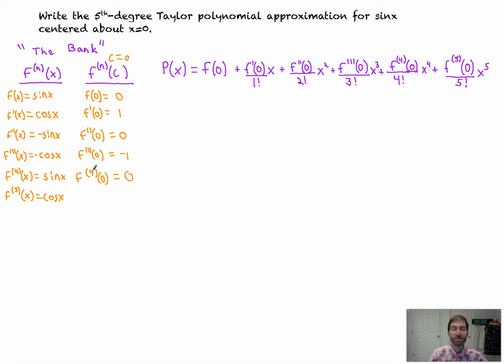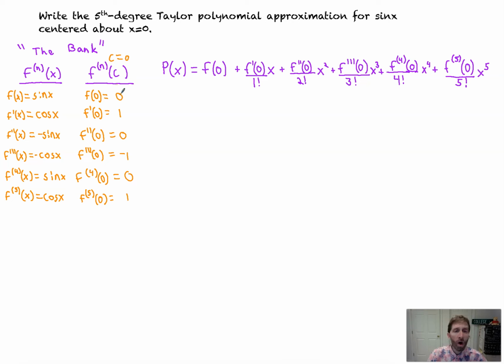That's 0, because sine of 0 is 0. And then the fifth derivative of sine, cosine at 0, is 1. So yes, some of the terms end up zeroing out. That's not typical in a Taylor or Maclaurin series, but it does happen in the sine and cosine Maclaurin series only.